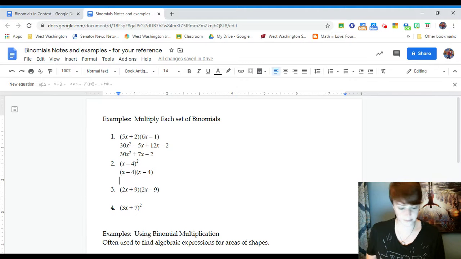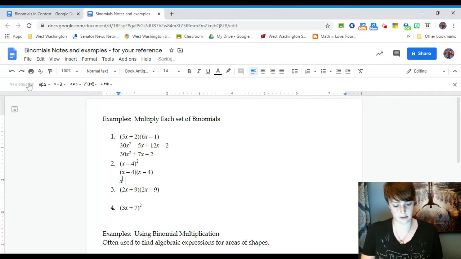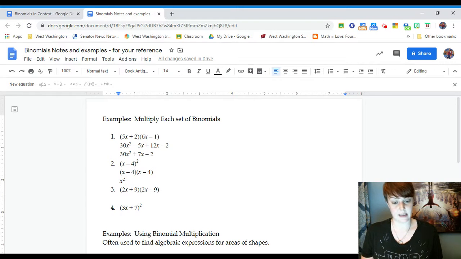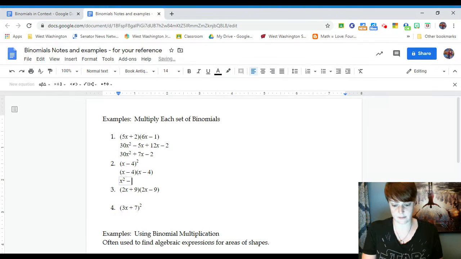So, x times x then is going to be x squared, and then x times negative 4 is going to be minus 4x. And then the two middle terms, negative 4 times x is another negative 4x.